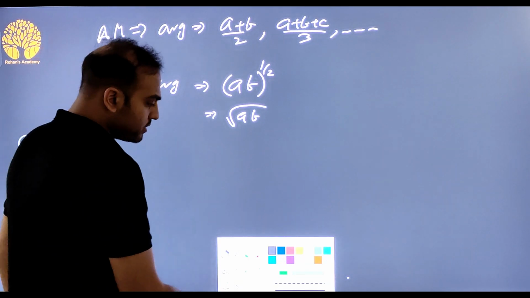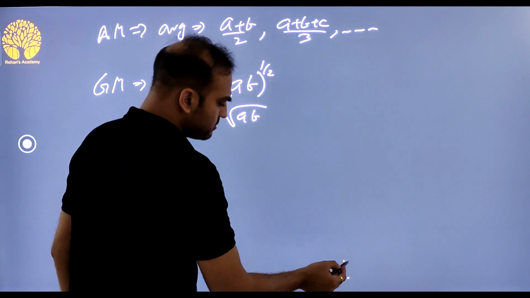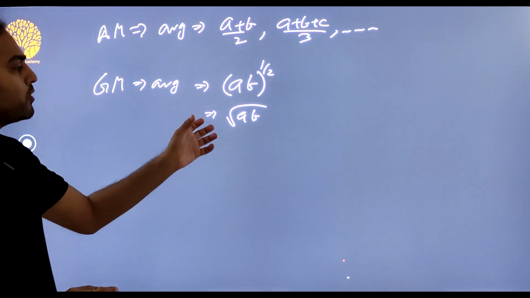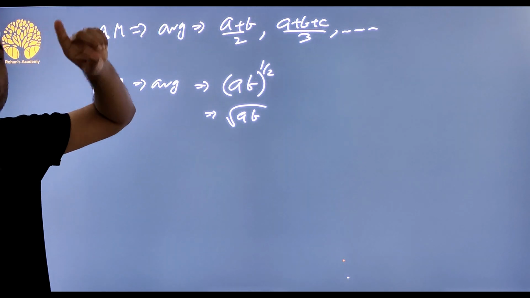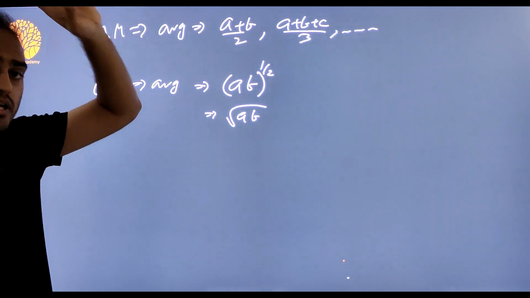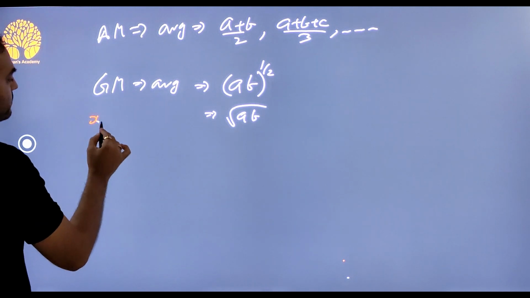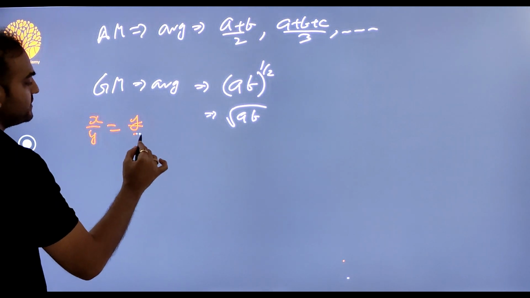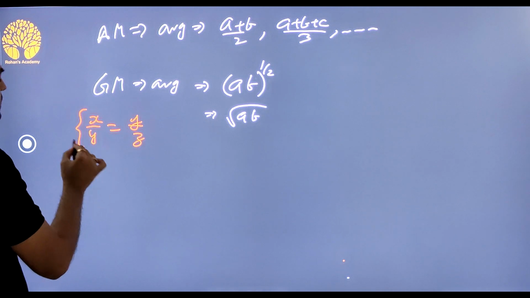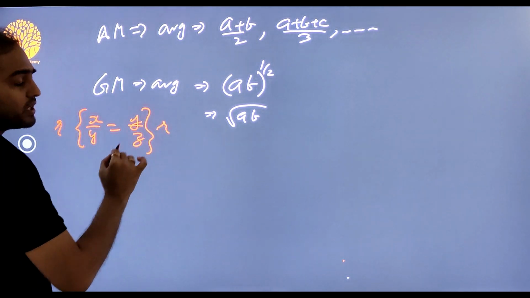If you think about it, I'm just deviating from the topic, this is what we did when we did mean proportion. If you think about the mean proportion, what was it? x by y is y by z. This is the common ratio, this is also the common ratio.